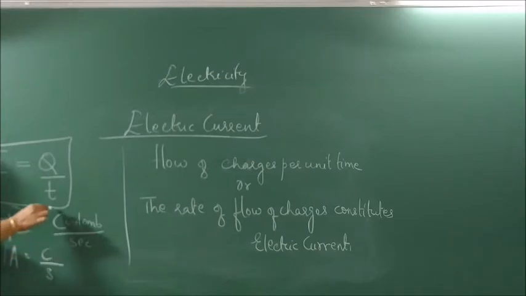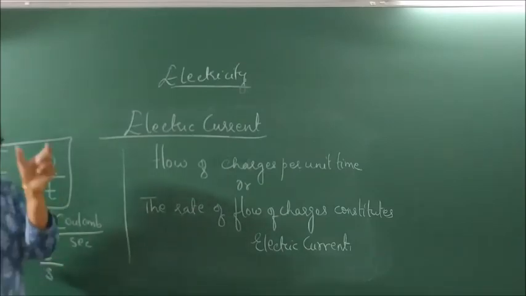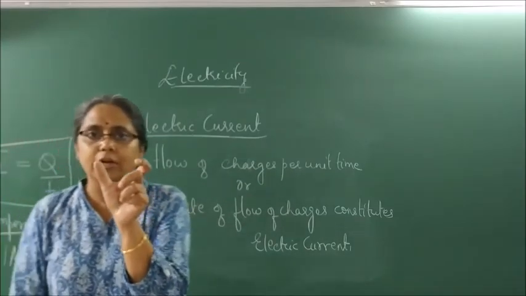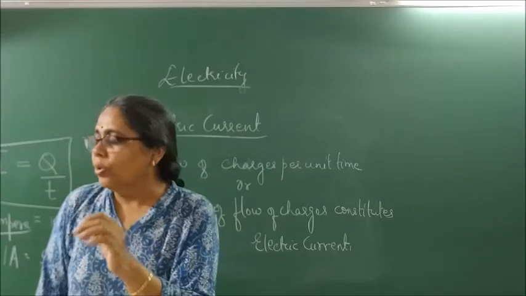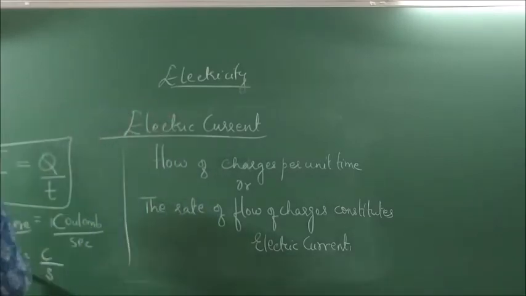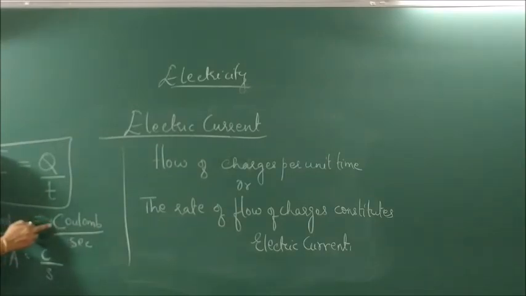When 1 coulomb of charge flows through a cross section of a conductor, the one small part of conductor which is under observation. So, what is 1 ampere of current? 1 ampere of current means when 1 coulomb of charge flows through a cross section of a conductor in 1 second, it constitutes a current of 1 ampere.